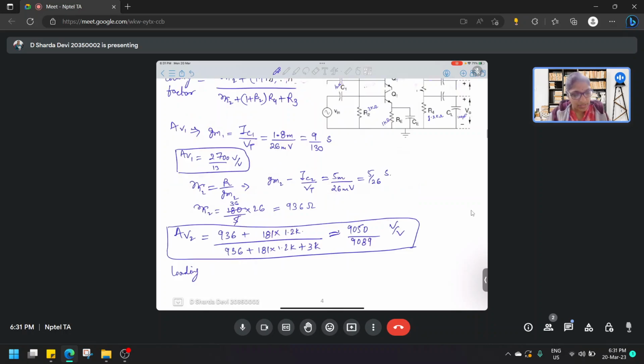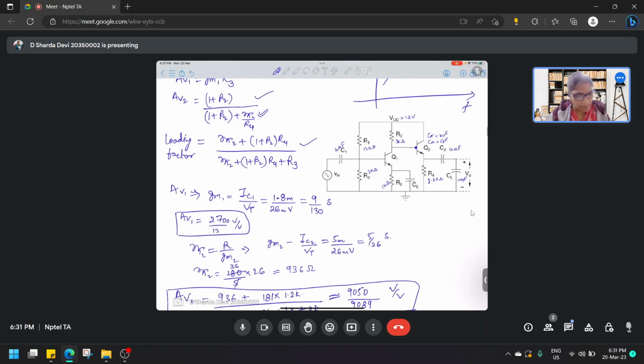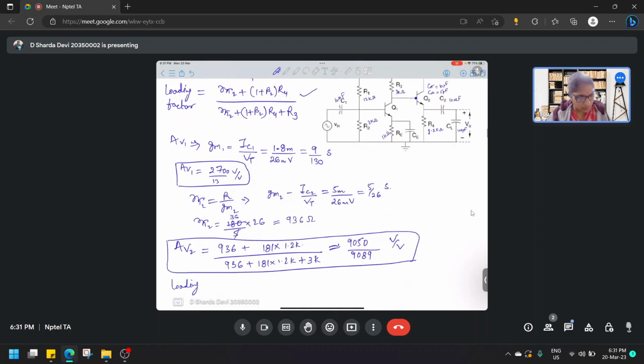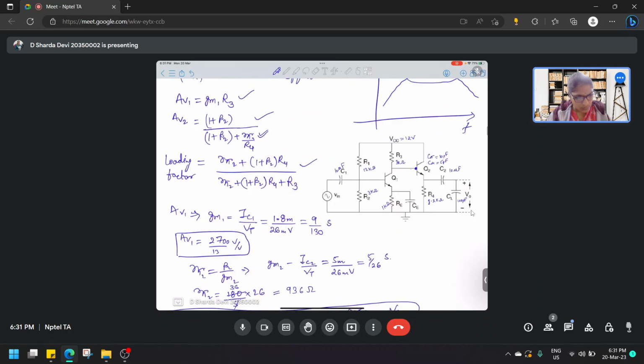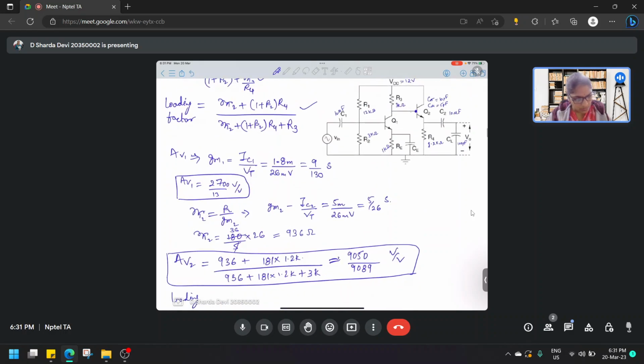So for loading factor we already have R pi 2. Wait, R pi 2 into 1 plus beta R4. Oh no, this is not AV2, this is actually the loading factor, because it is R pi 2 into 1 plus beta R4 by R pi 2 into 1 plus beta R4 plus R3, right? So this is the loading factor.